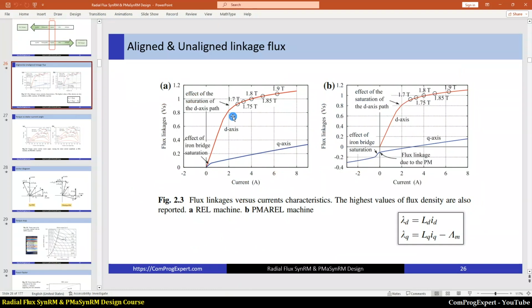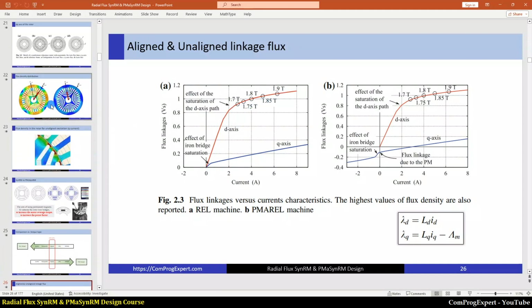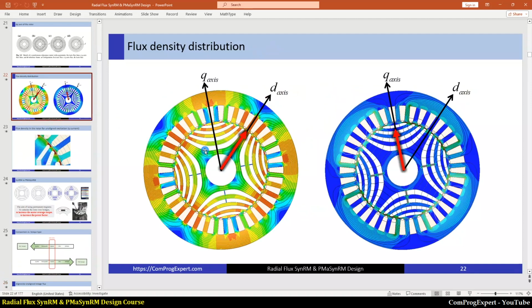As you can see here, this red curve is similar to the BH curve of electric steel. We have an increase in the value of flux, and then we have the saturation region here. We set the current angle equal to 0 and increase the excitation level.